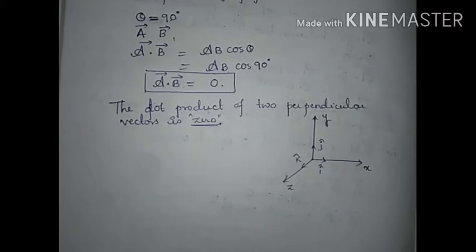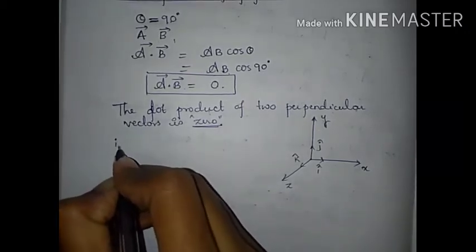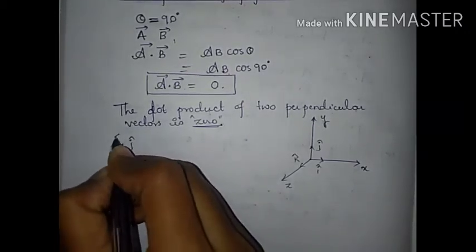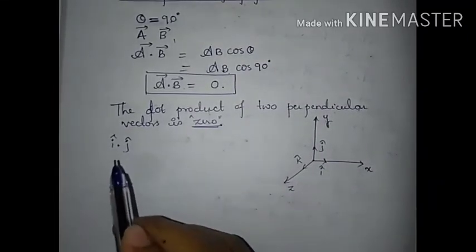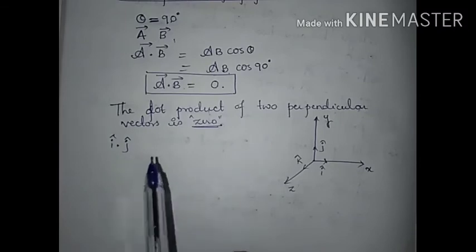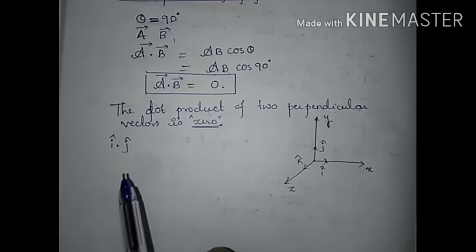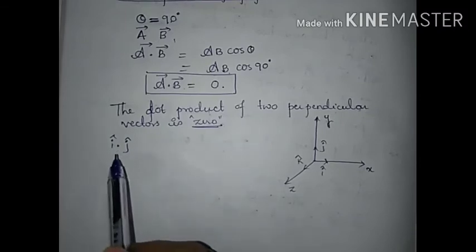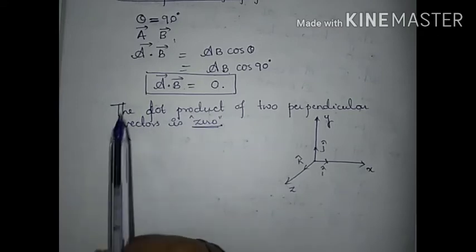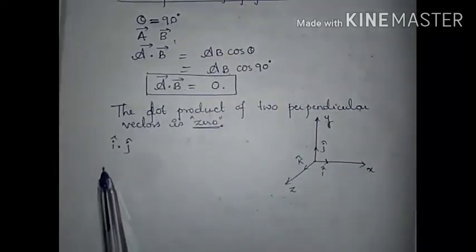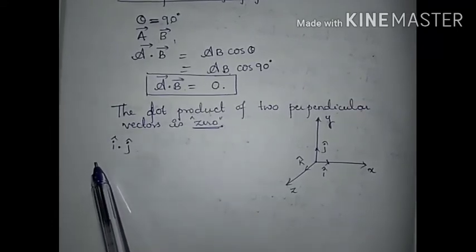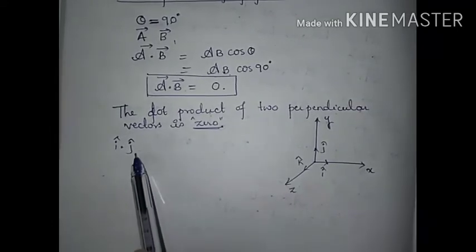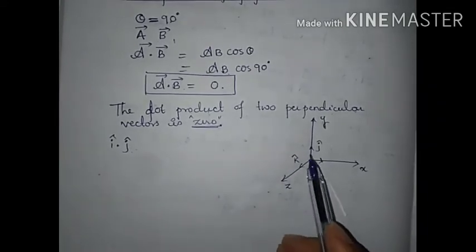In that case if we take the dot product, that is i dot j. Here I am taking i dot j, I am not taking i dot i. If it is said that two vectors are equal, then you have to take i dot i. Now the two vectors are perpendicular to each other, so I am taking i dot j.